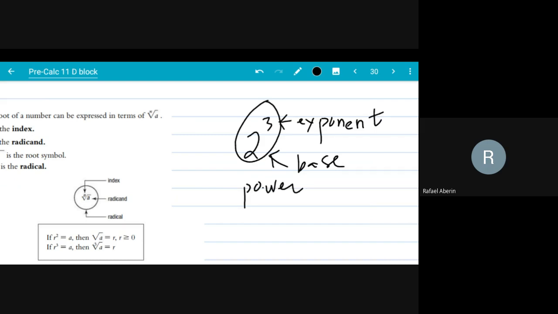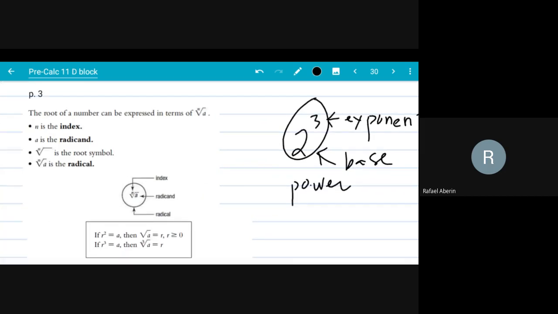Now we have something which is similar. When you are talking about using a radical symbol to get the root, the number outside the radical symbol is called an index, the n. The number inside is called the radicand.